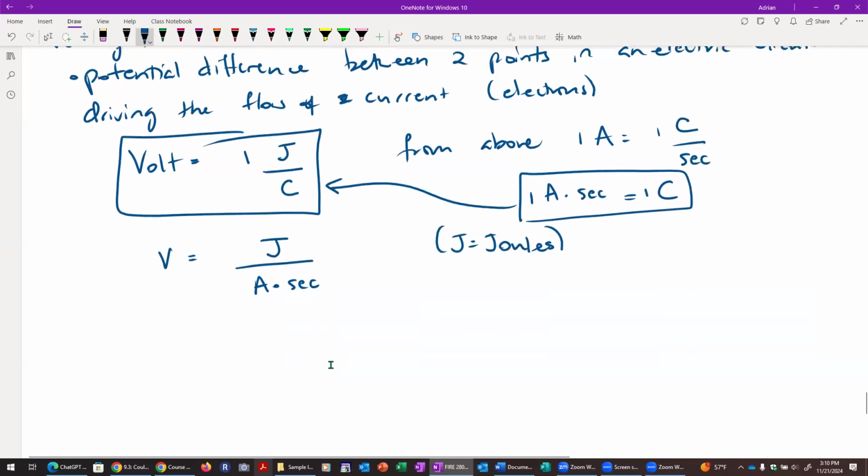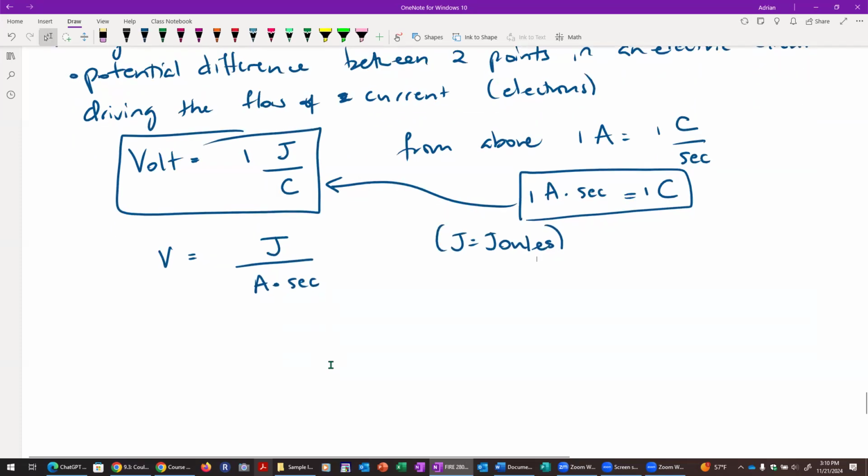All right, so the analogy here, just to allow this to make a little bit more sense, is water pressure. The pressure in the pipe is actually what causes the water to move from one direction to another.